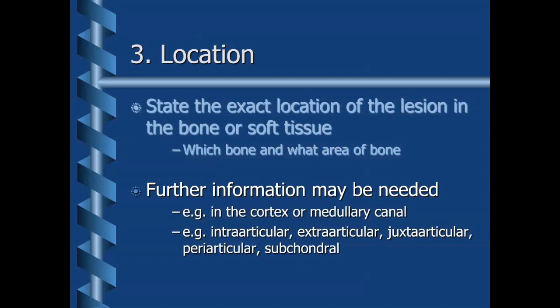Now, you may also need further information. For example, you might need to indicate that it's in the cortex or it's in the medullary canal. If it's related to a joint, you might need to say it's intra-articular, i.e. within the joint, extra-articular, outside of the joint, juxta-articular, which is either side of the joint, periarticular, which is around the joint margin somewhere, and subchondral, which is just under the articular cartilage.